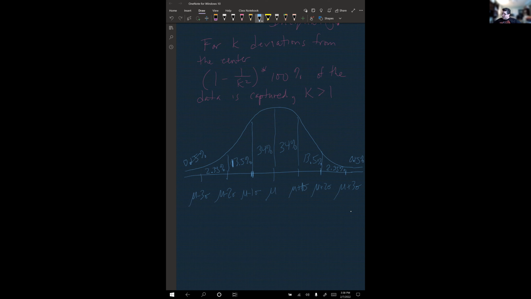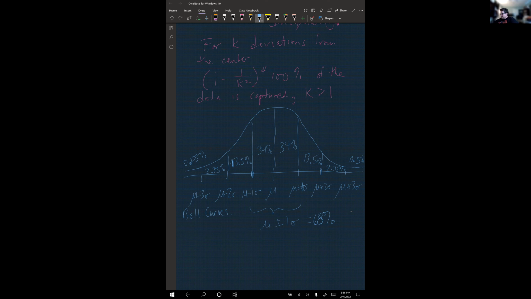And so for bell curves, if I do mu plus or minus 1 deviation, 34 and 34 is 68%. So 68% is within 1 deviation.